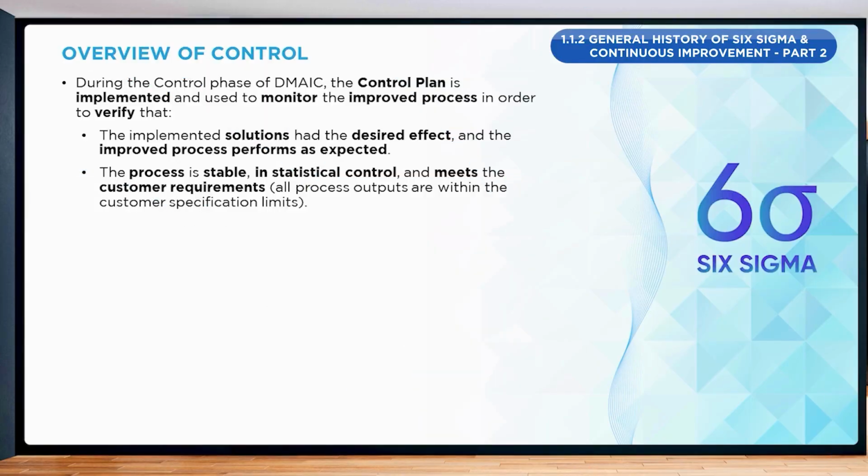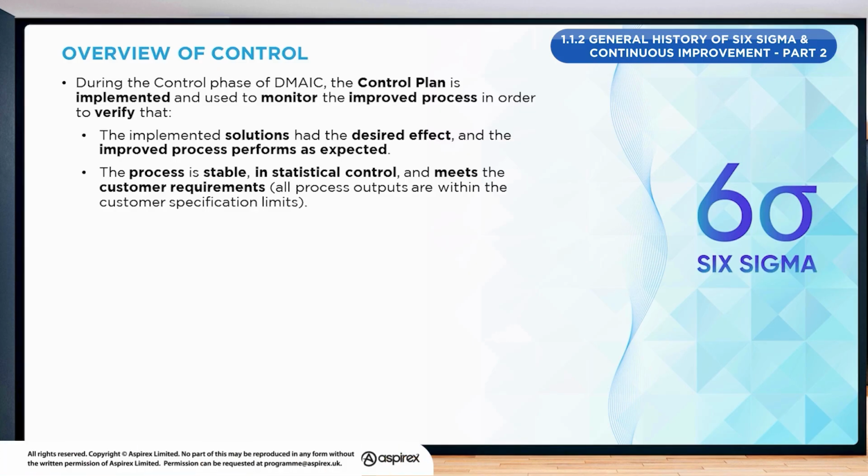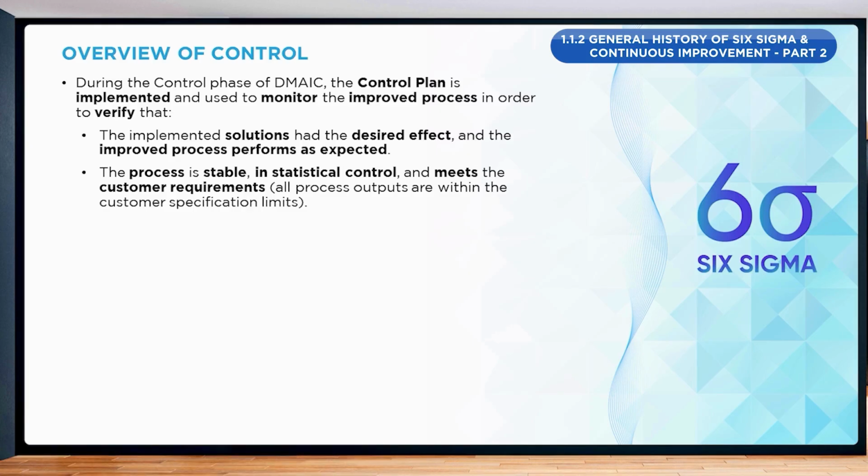Now let's step into the final stage of DMAIC, the control phase. So we have already made all our changes in the process. We have trained the people that will actually monitor the process during the control phase. We have updated the process documentation.